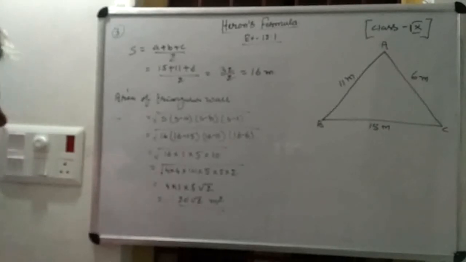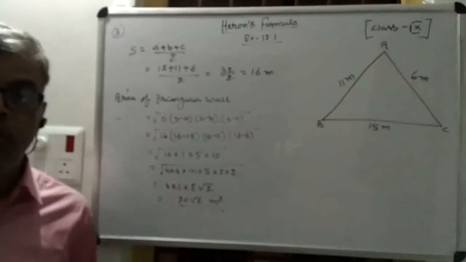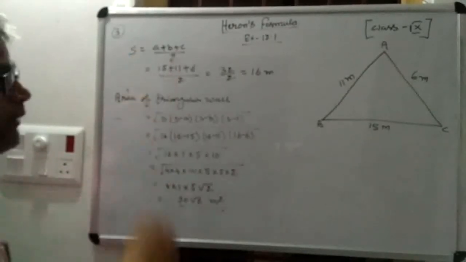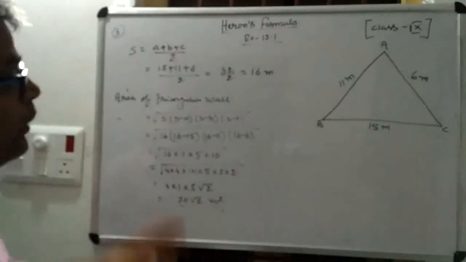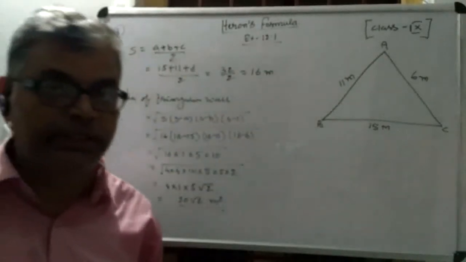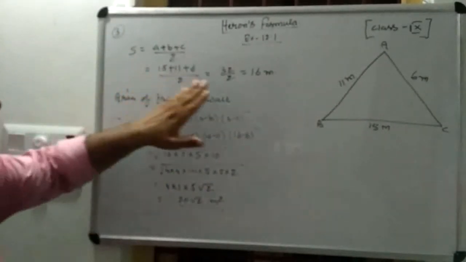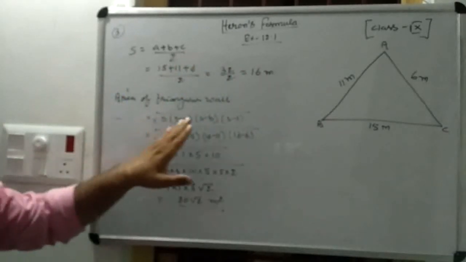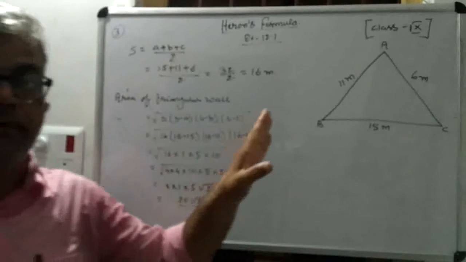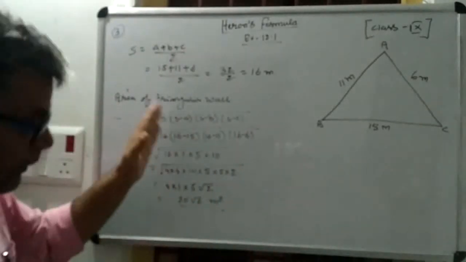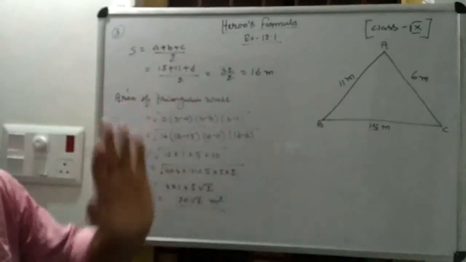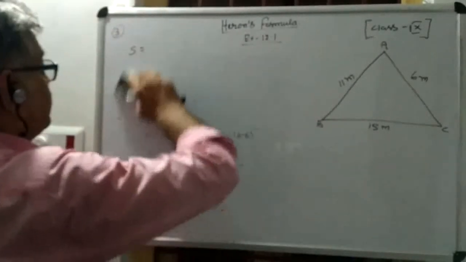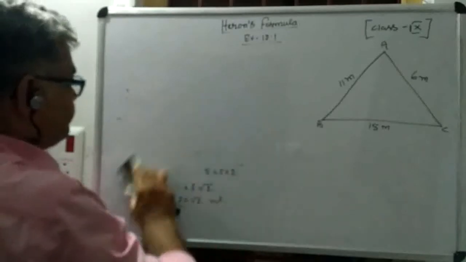So all of you need to practice it. The working rule of solving this type of question is we calculate the semi-perimeter, after calculating the semi-perimeter we apply the area of triangle by Heron's formula, and putting all these values, we get the area. Now let's see another question.